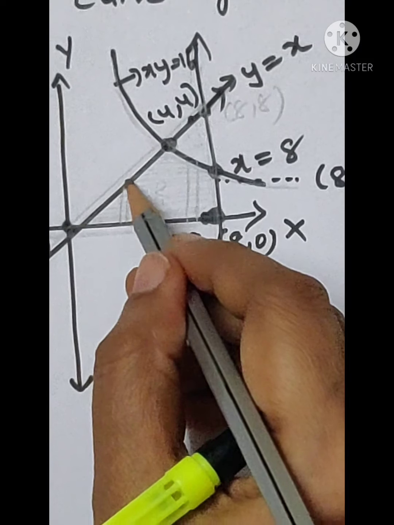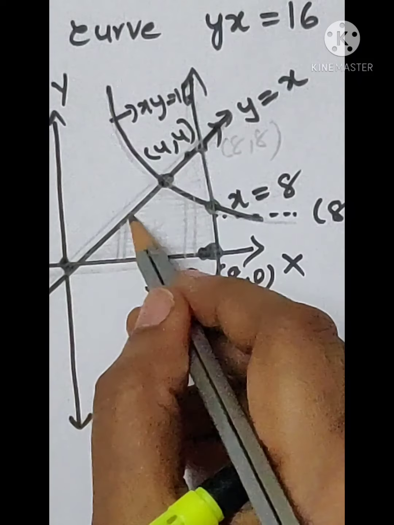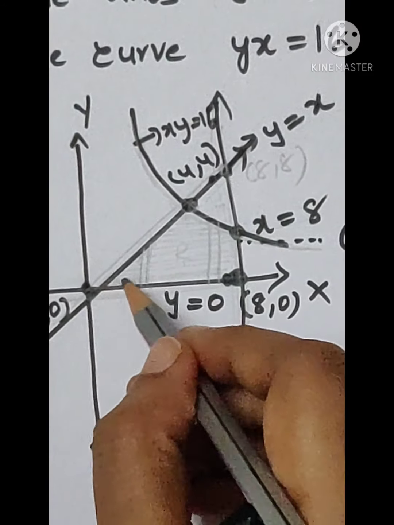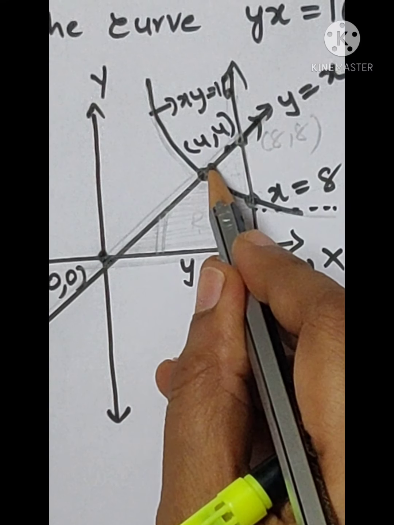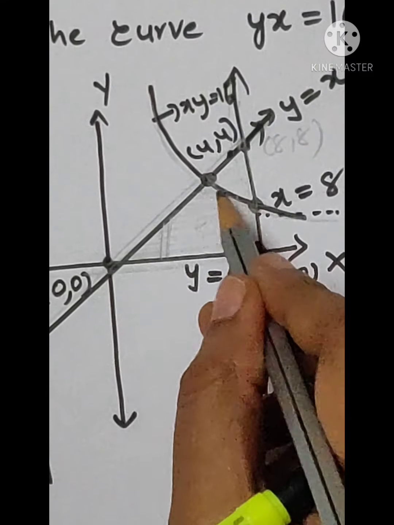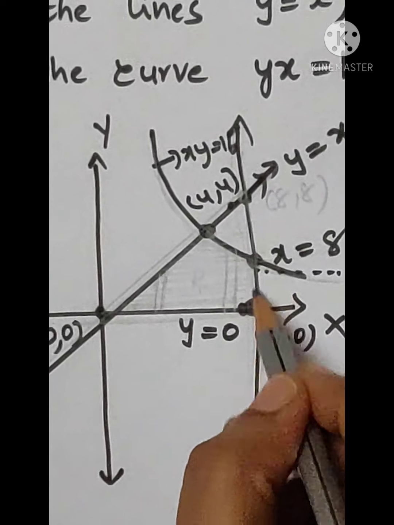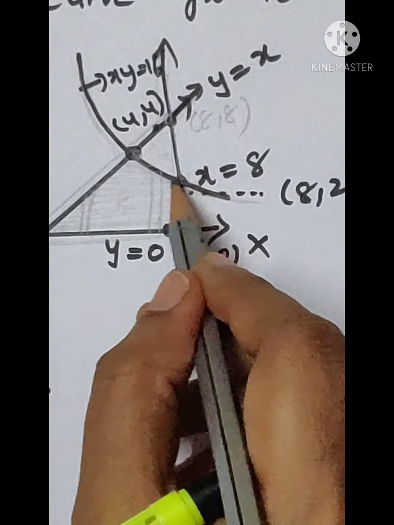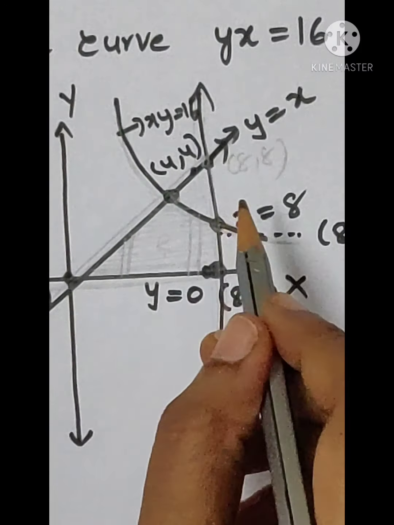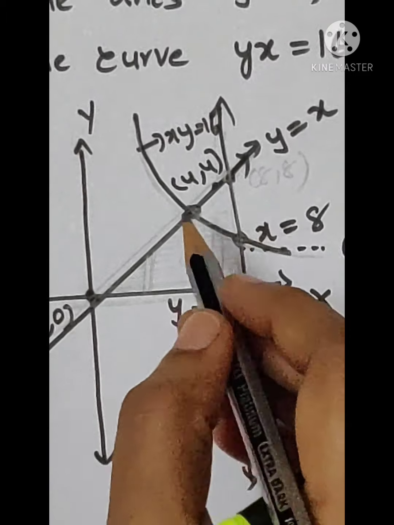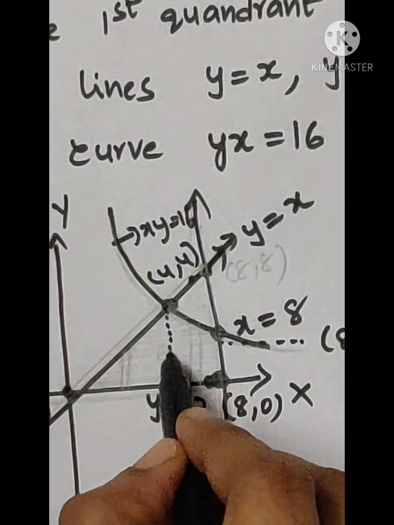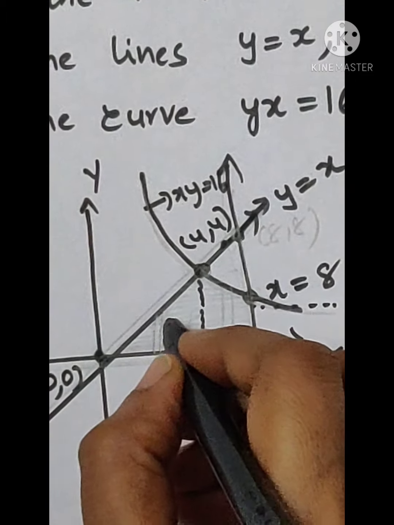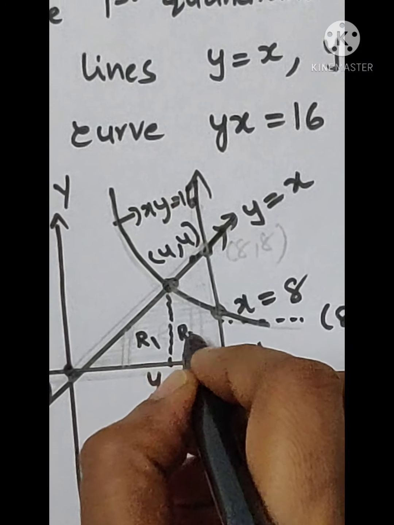So the second end of the vertical strip touches different curves because the boundary of the region involves part from the line y equal to x, part from xy equal to 16 and part from x equal to 8. Because of this intersecting point, we divide the region of integration into two parts, R1 and R2.